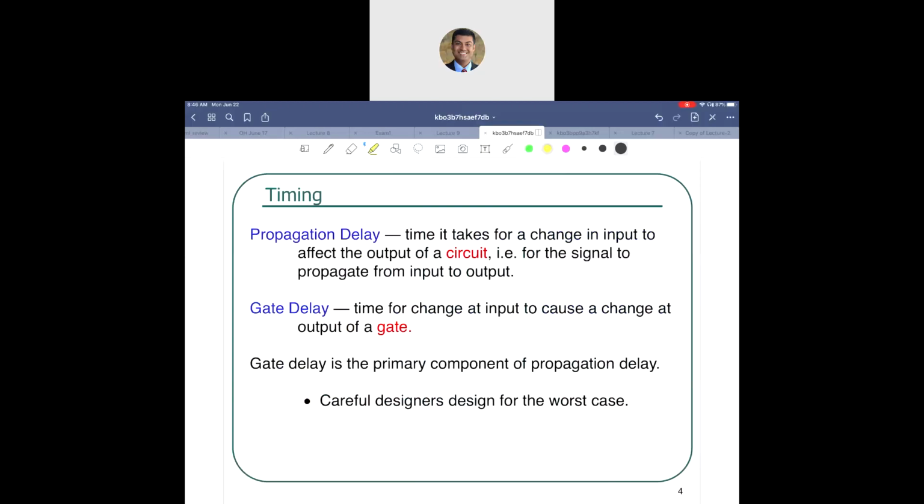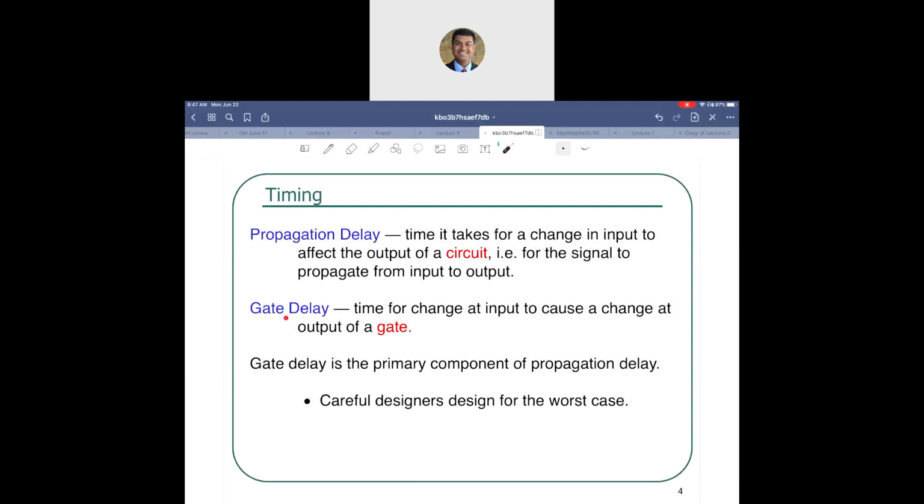So I touched on this a little bit early, where we have two different types of delays. One is the propagation delay, and the other one is the gate delay. Propagation delay refers to the time delay between an input changing and the output of a circuit changing, right? So the time it takes for a change in the input to affect the output of a circuit. So it's the overall circuit.